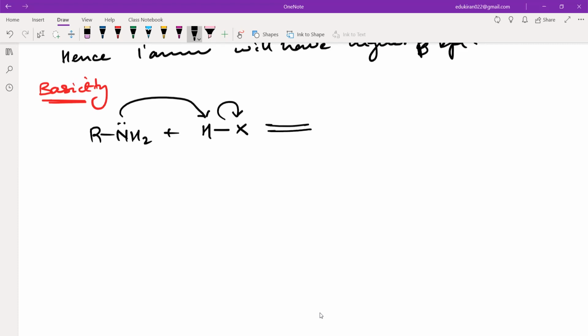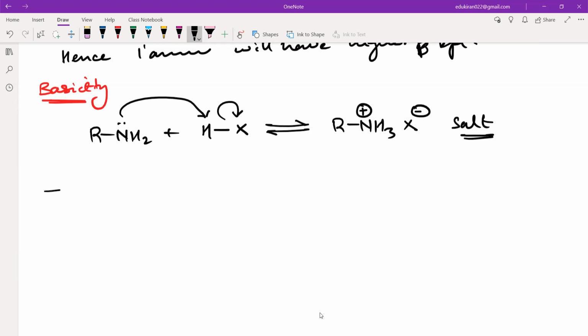Generally acid-base reactions are in equilibrium, so we'll write the equilibrium arrow, and you will see that you have RNH3. Since nitrogen has donated its electron pair, it will have a positive charge here, and X is gaining an electron, so it will have a negative charge, and you will make a salt like this. So positive charge and negative charge here.